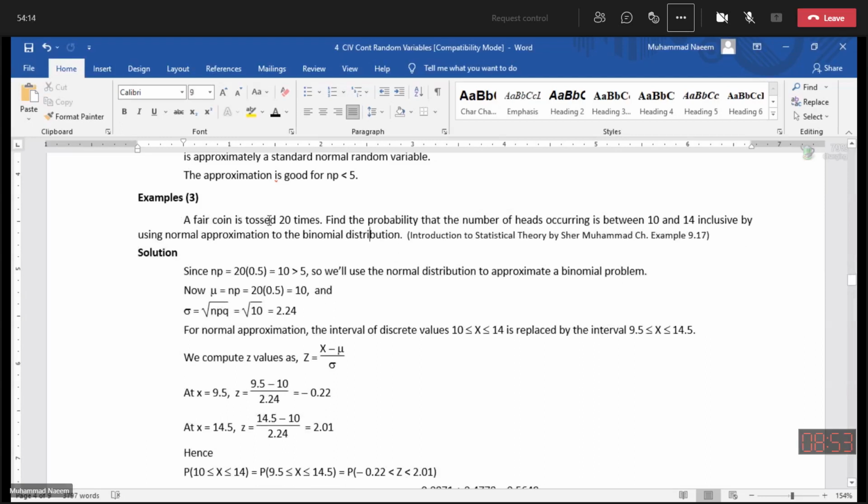A fair coin is tossed 20 times. Find the probability that the number of heads occurring is between 10 and 14 inclusive, by using normal approximation to binomial.